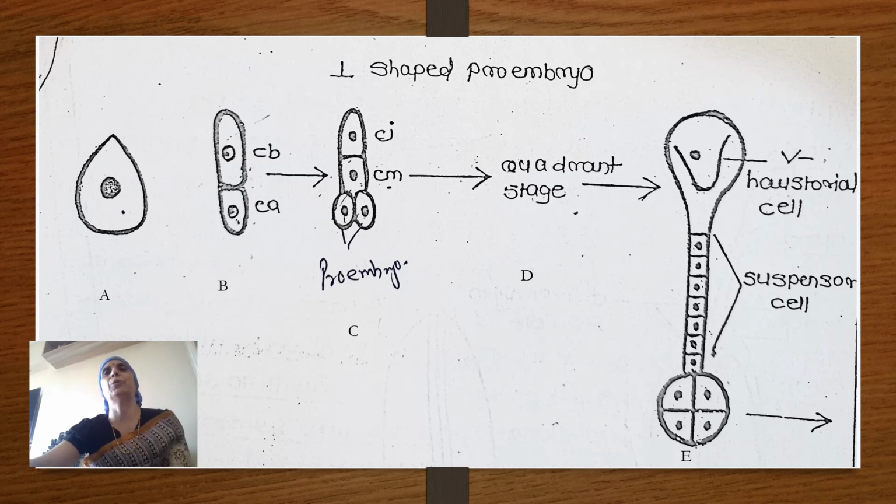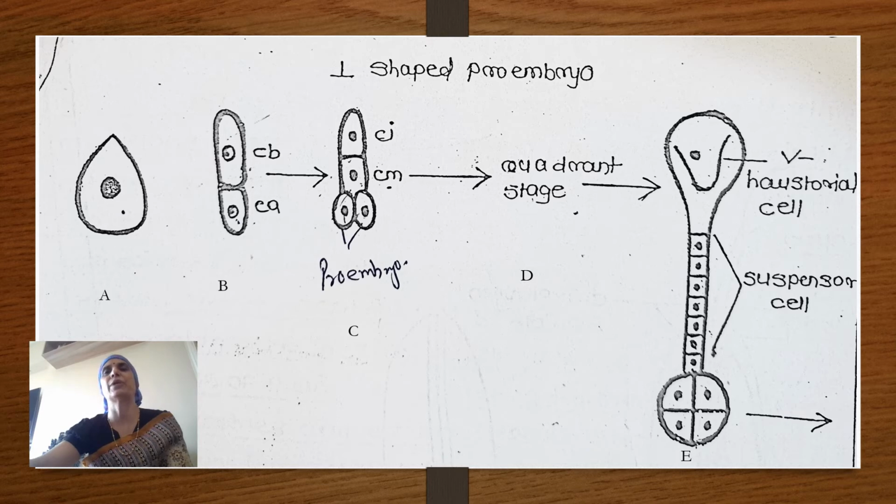The two cells of the proembryo further divide to give rise to 4 cells, and Ci and Cm also divide to give rise to 6 to 8 cells. The proembryo stage is followed by the quadrant stage. The quadrant stage is followed by the octant stage.